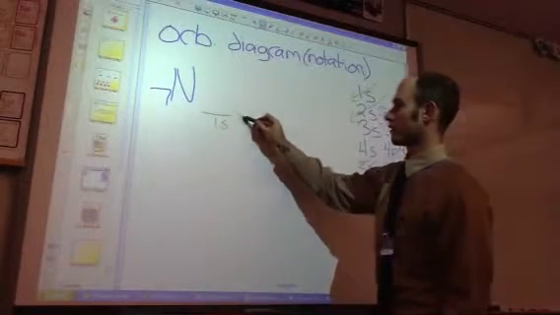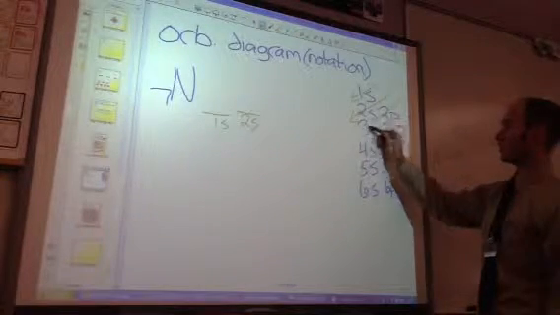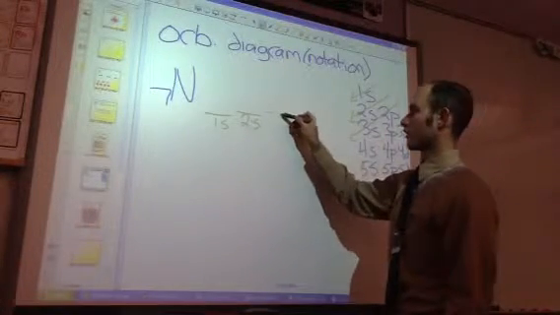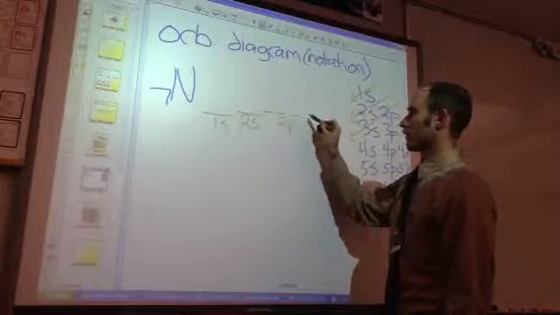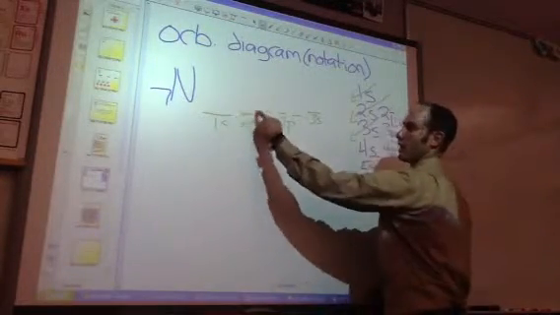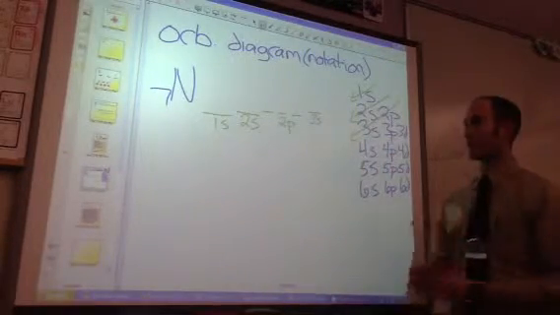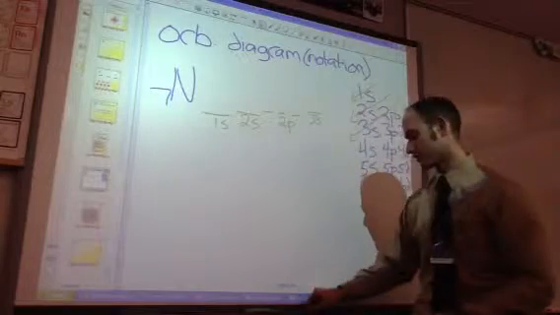Then 2s. Next in line diagonally is 2p, then 3s. You just need to remember, s gets 1 line, p gets 3 lines. I'm going to stop there because I know I only need 7 electrons.